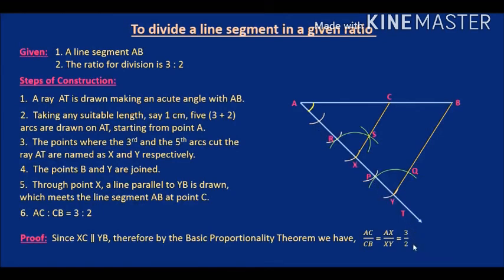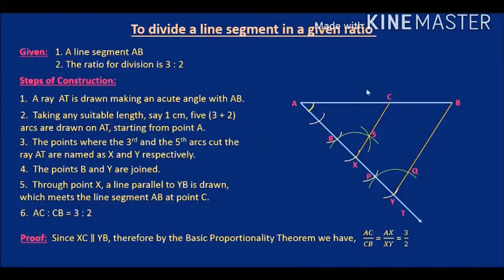By basic proportionality theorem, SC by CB equals AX by XY. So if AX by XY equals 3/2, then the ratio of SC by CB is equal to that as well. So SC is to CB equals 3:2.